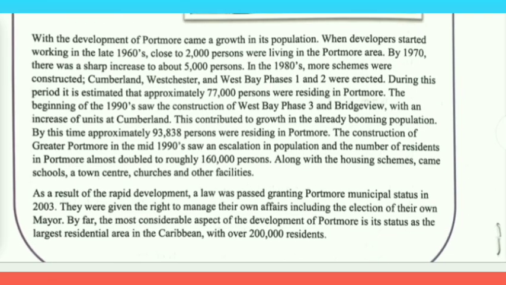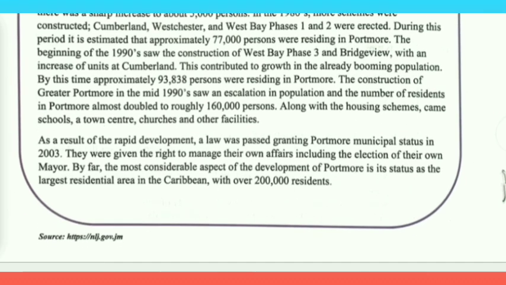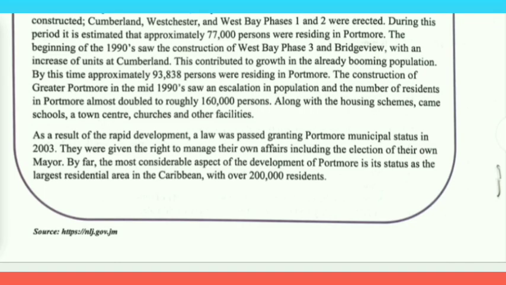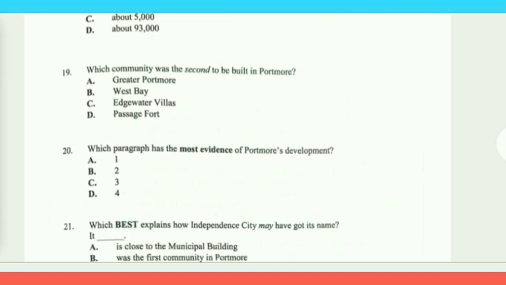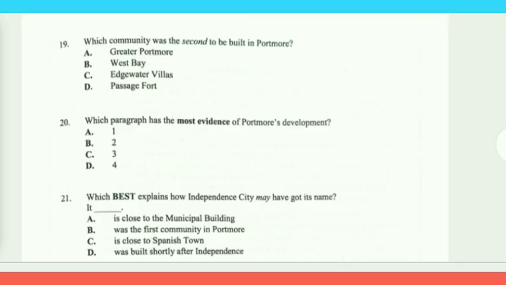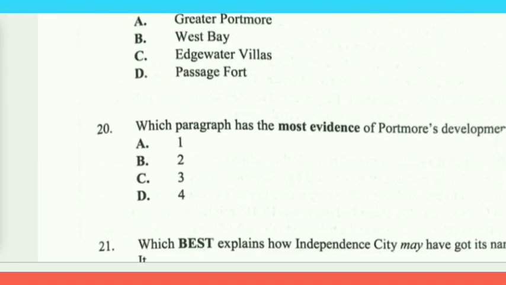When you read through and you see what was developed, and development would also take in people, because it's the people that's causing them to expand the development. And let's look at paragraph 4. All right. So which paragraph? Is it 1? Is it paragraph 2? Is it paragraph 3? Or is it paragraph 4? I would say most development took place in paragraph 3.